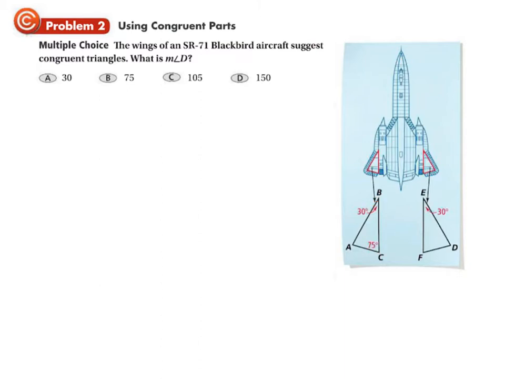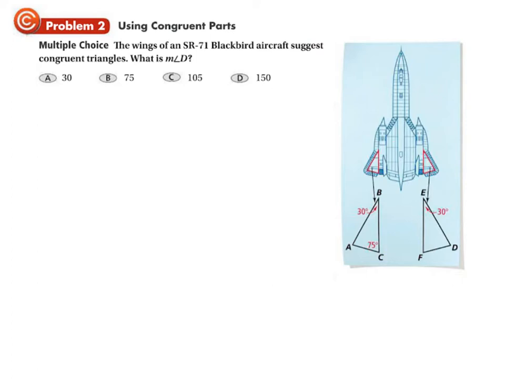What do we think D is? Oh, they're asking about D, not about F, which would be what corresponds with it, right? Okay, so if we know that this is 30 and this is 75, and that totals up to 105, what do you think is left for this angle right here?